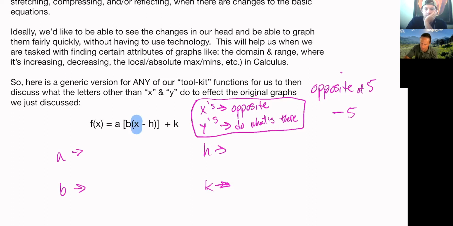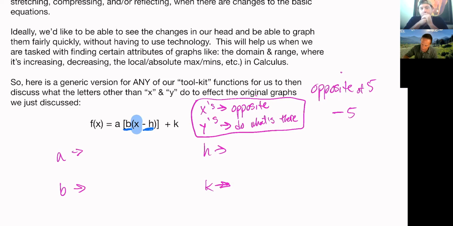And what is being done to that x value? Well, right now it's being multiplied by b and subtracted by h. And when we're adding or subtracting, that's going to be our shifts. When we're multiplying or dividing, that's going to be our stretching or compressing, either horizontally or vertically.